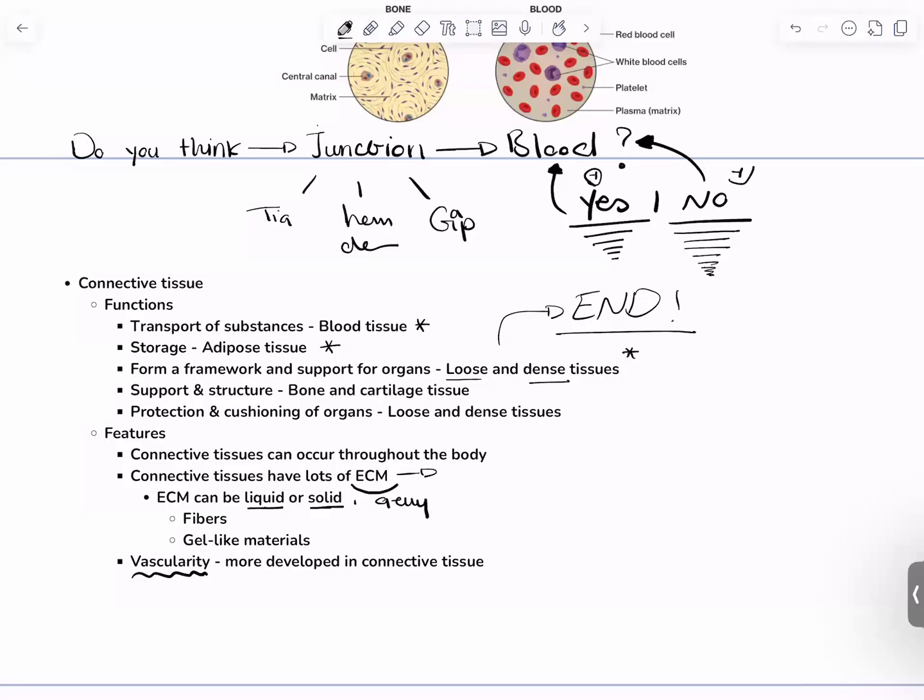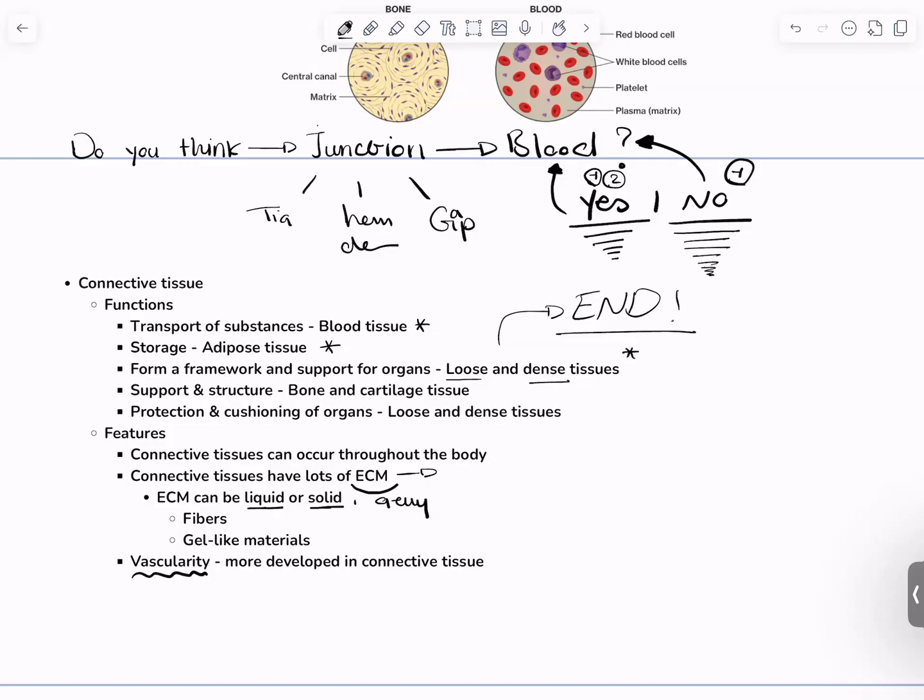Any other opinions? I might be wrong, but I would say that yes, there are junctions, maybe because the blood cell itself is built of something, and probably it has junctions. Okay. Any other opinions?